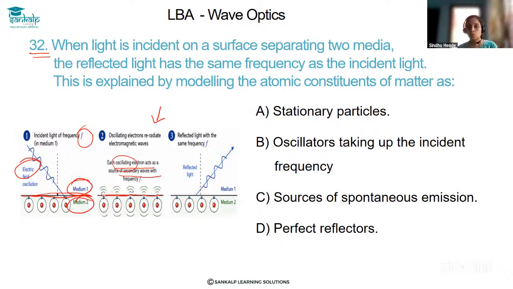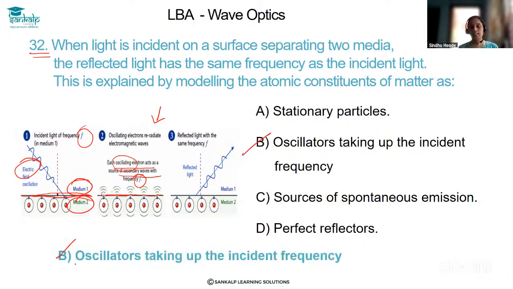So this also contains the frequency F, which is coming from the incident light. So oscillators taking up the incident frequency, that is the correct answer. Hence option B is the correct answer.